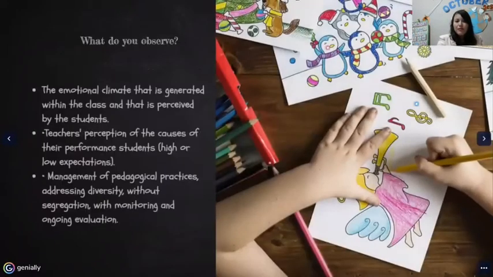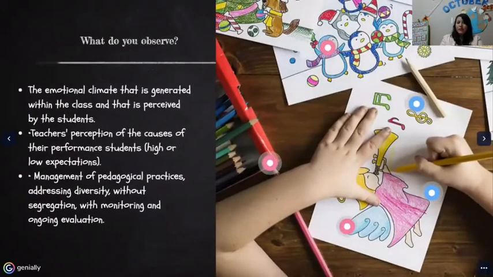So, what do you observe? How do you observe? Okay, you need to observe in a classroom the emotional climate: what is the perception of the classroom, of the students, or what is the attitude of the teacher when he or she teaches.